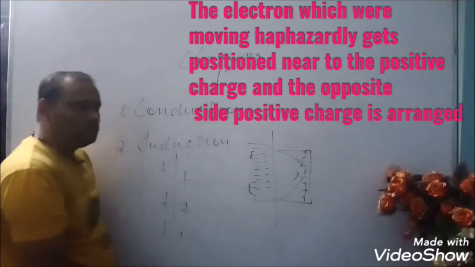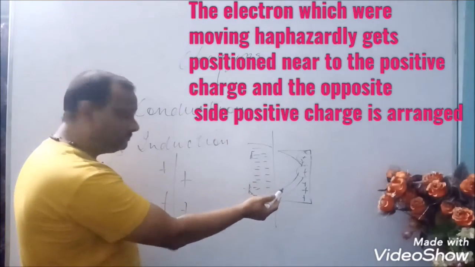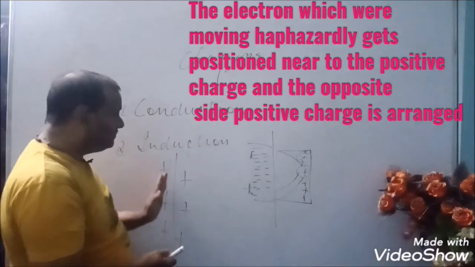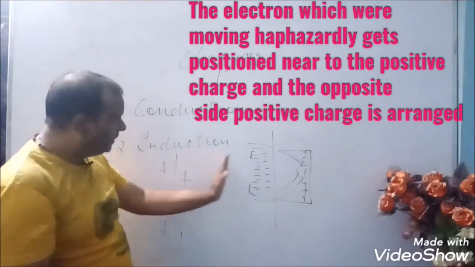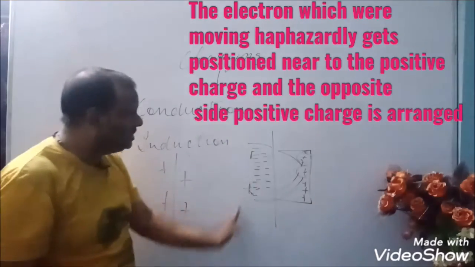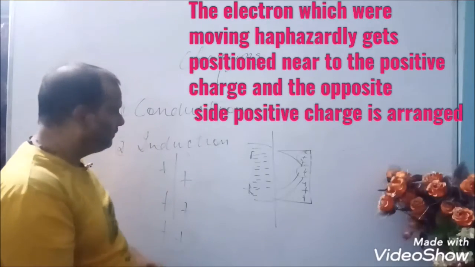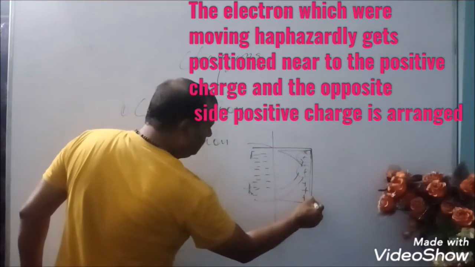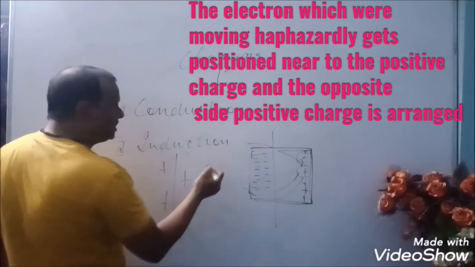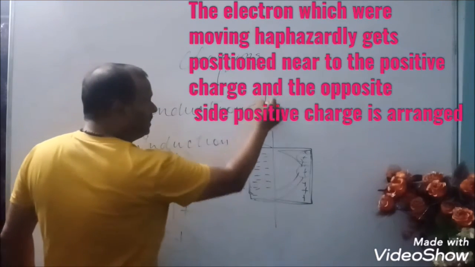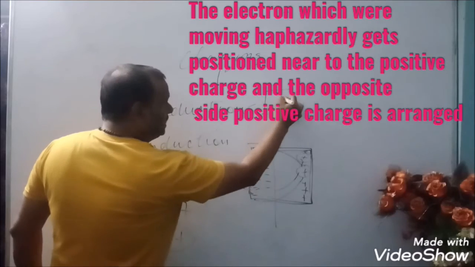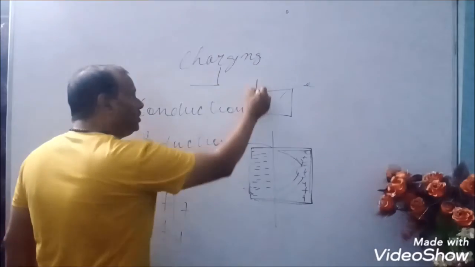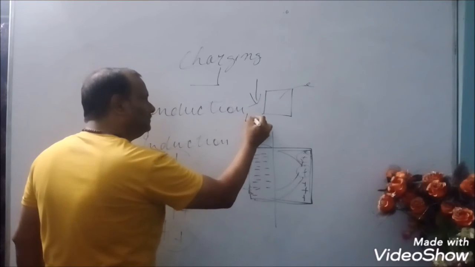So a body can be charged positive and negative by the process of induction, by bringing a net positive charge near the other uncharged body. Here you have to be very cautious, because in conduction the electrons jumped out, there was a transfer of electrons, and the weight of the object will be less.